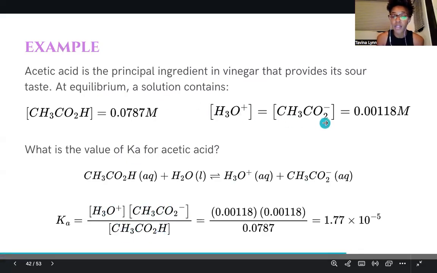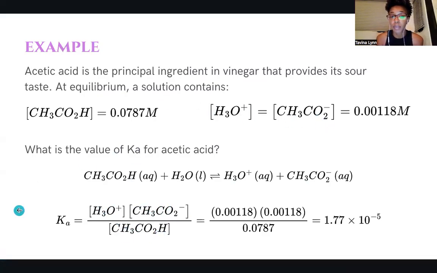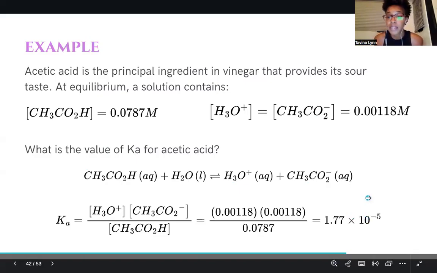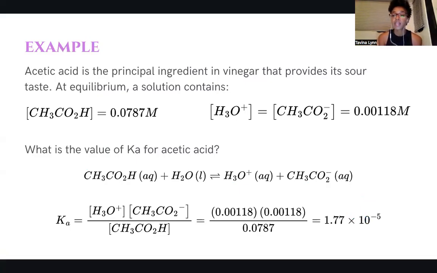We have the concentrations at equilibrium for each of these, so we can just plug it in, and we have a Ka of 1.77 times 10 to the minus 5, right? Much less than 1, which makes sense because acetic acid is in fact a weak acid.